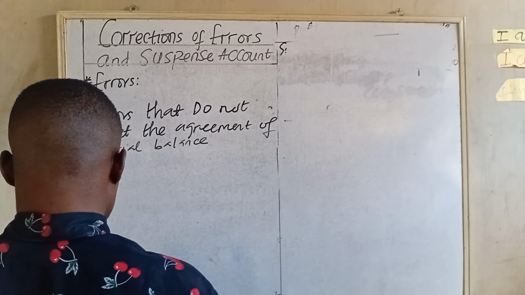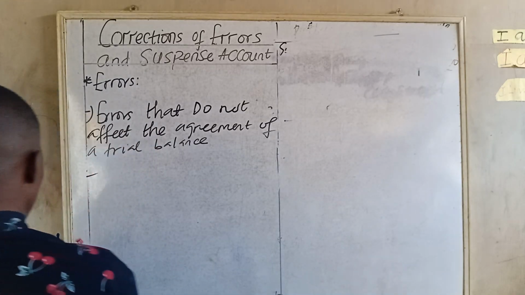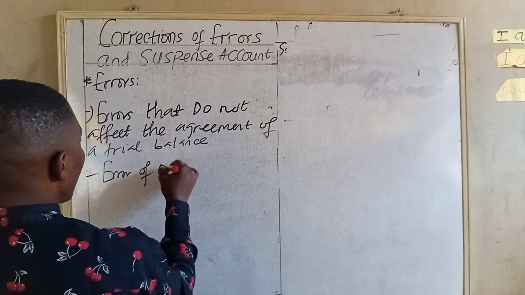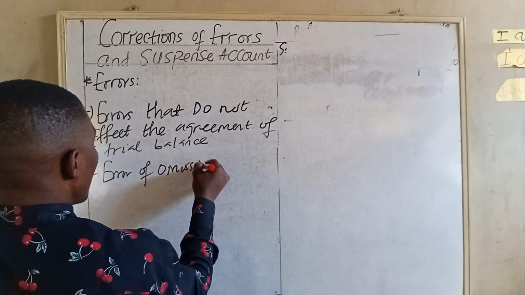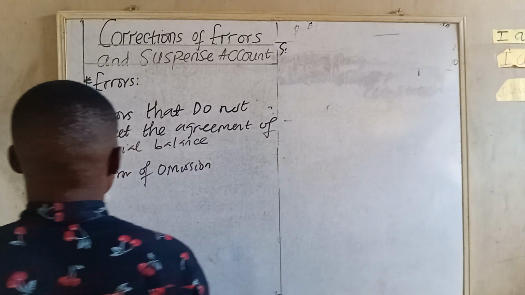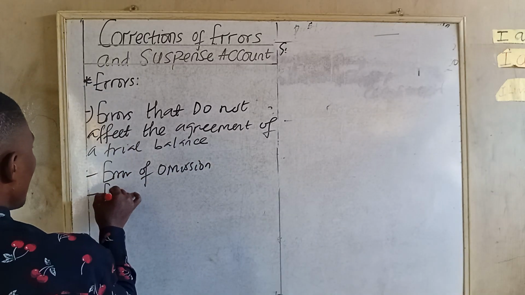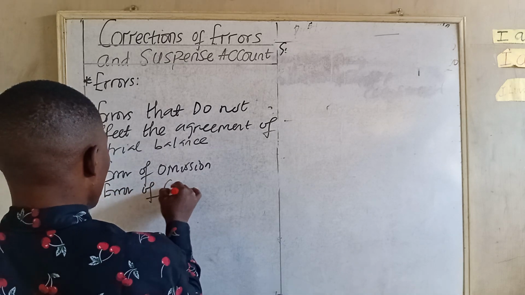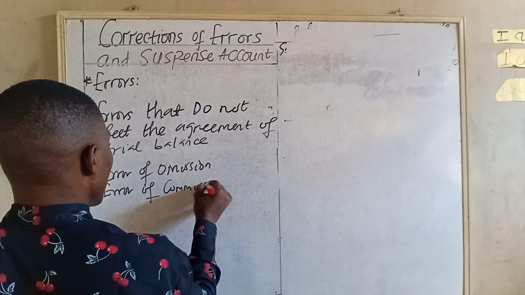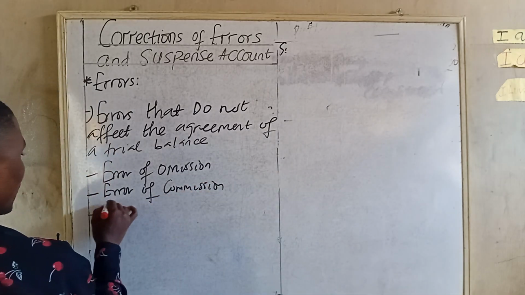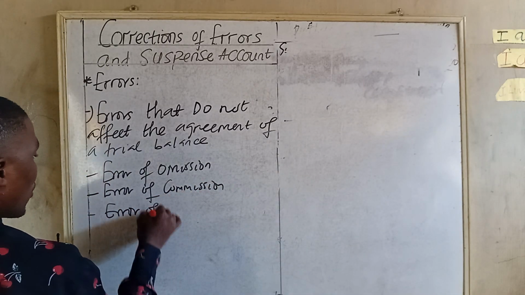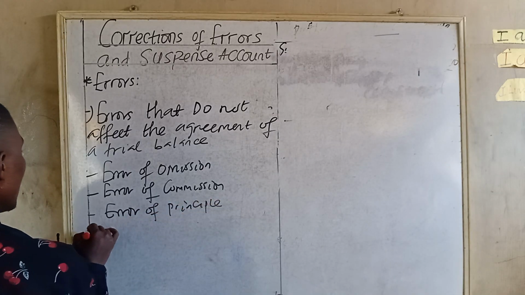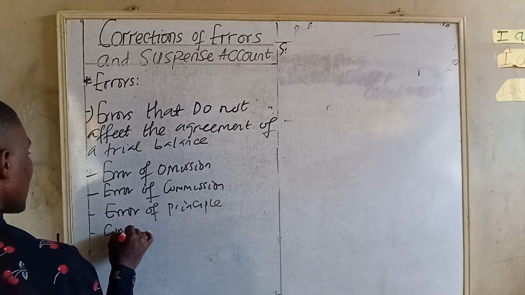So let's see. Number 1, we have error of omission. Number 2, we have error of commission. Number 3, we have error of principle. Number 4, we have compensating error.